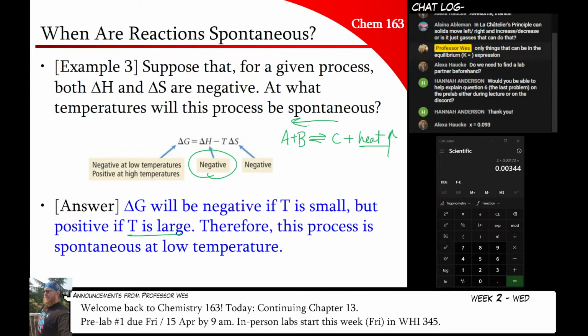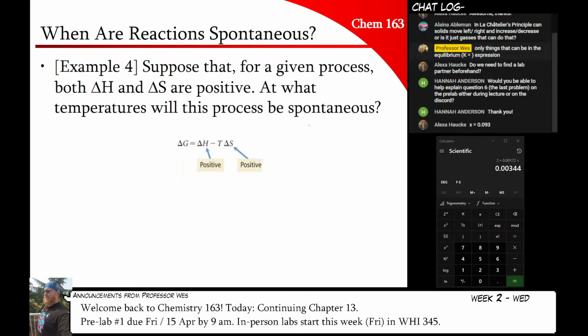That would be the opposite of a spontaneous process. So the reaction is spontaneous at a low temperature. So this satisfies Le Chatelier's principle. That's cool. That's a thing we learned about on Wednesday last week. So we've come full circle, kind of. It's a tiny circle. We're going to make bigger circles as we go on.